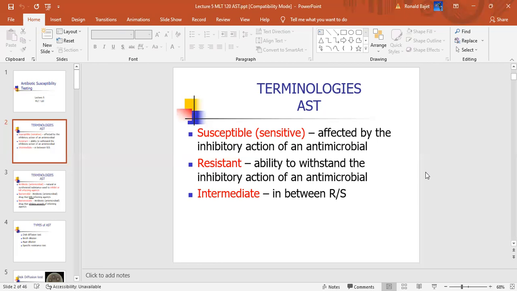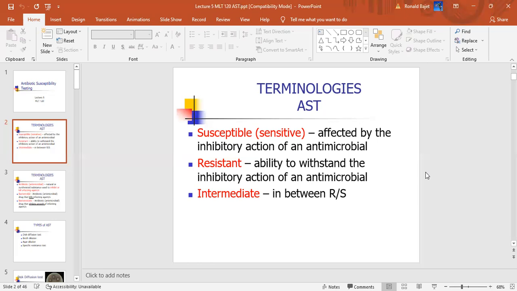And then intermediate is based on the CLSI guidelines, it's either susceptible or resistant. CLSI stands for Clinical Laboratory Standards Institute. They're the ones that standardize what are the limits for susceptibility and what are the limits for resistance.